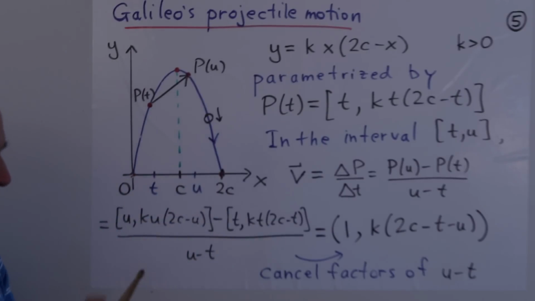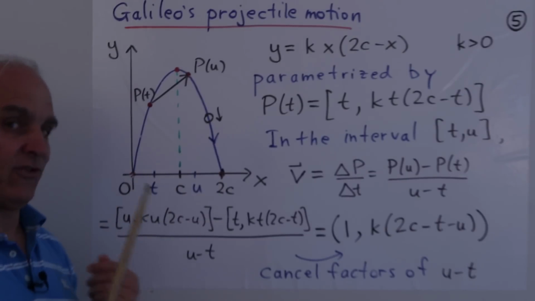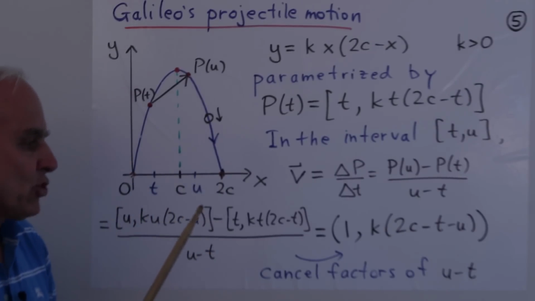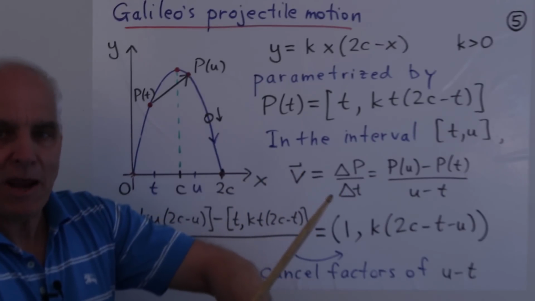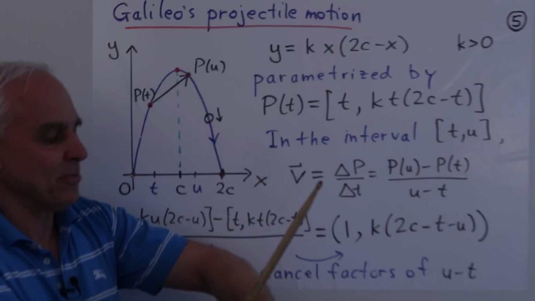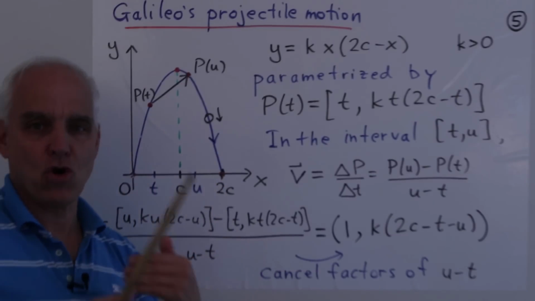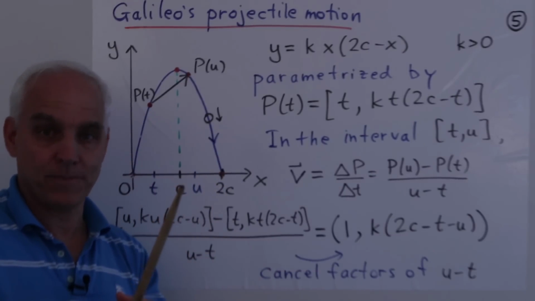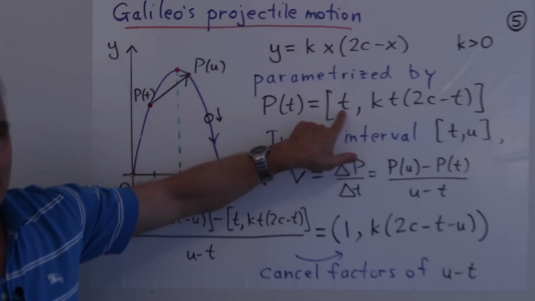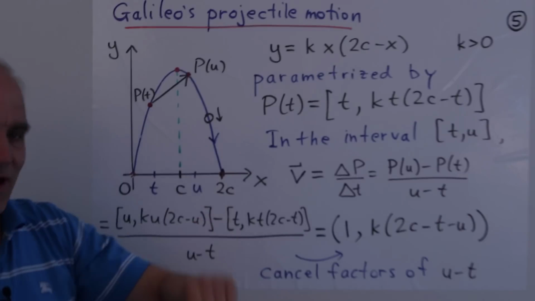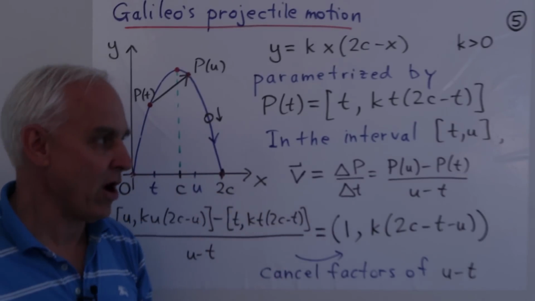If we set our clock so that time t is 0 when the cannonball is here at x equals 0, then we can rescale the units of our time, because the units are whatever we want them to be, so that time and x are actually equal. So we can parameterize this by setting the x coordinate equal to t, because Galileo has told us that the x coordinate is going to be proceeding linearly as time goes on.